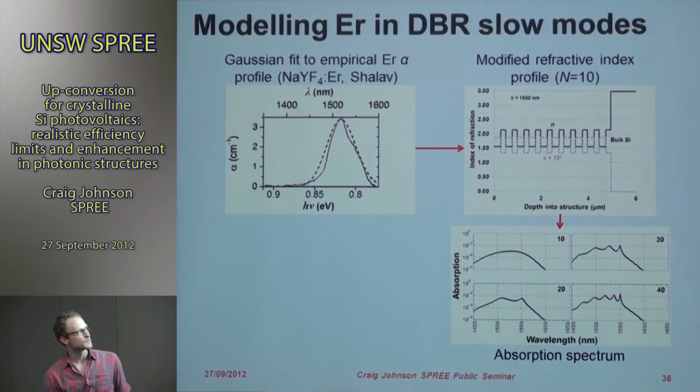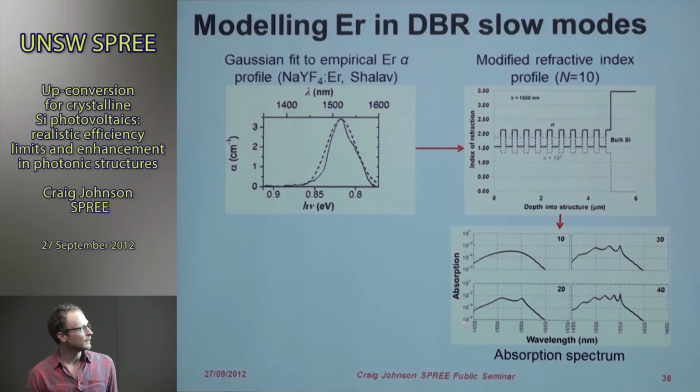So simulating the absorption spectra of this kind of structure shows you how the erbium can interact with high fields. First of all, the one with 10 bilayers essentially had 0 field intensity enhancement. This is the baseline absorption, effectively.